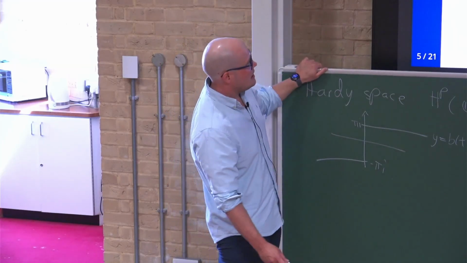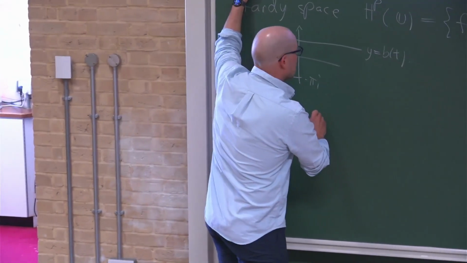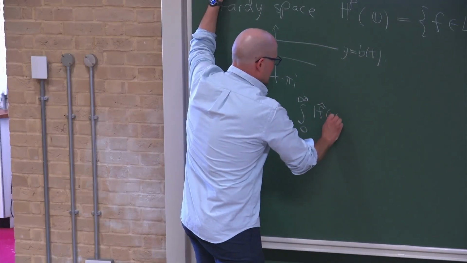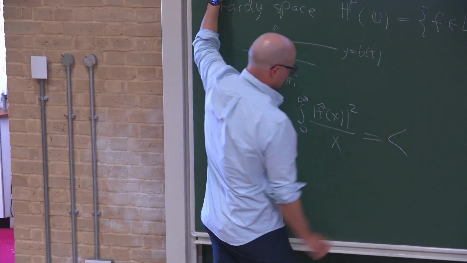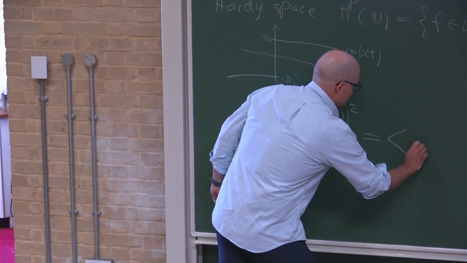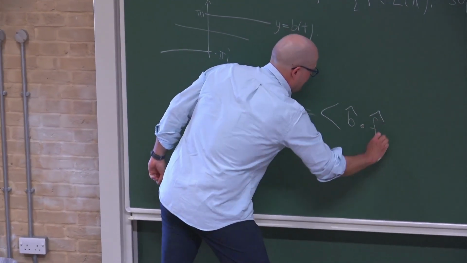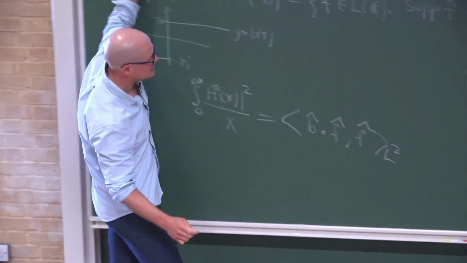If we look instead at, for example, this inequality where I have a square instead, then I can look at this as the function b hat times f hat in L^2 on the Fourier side.